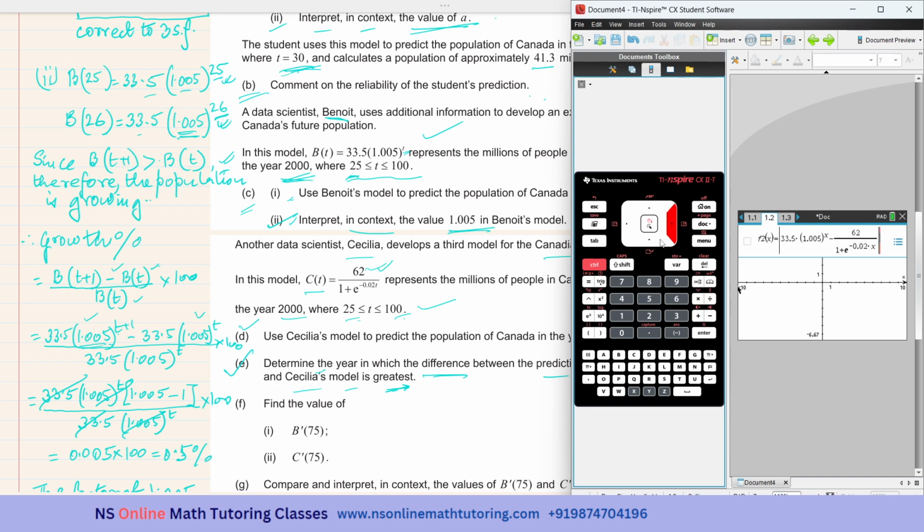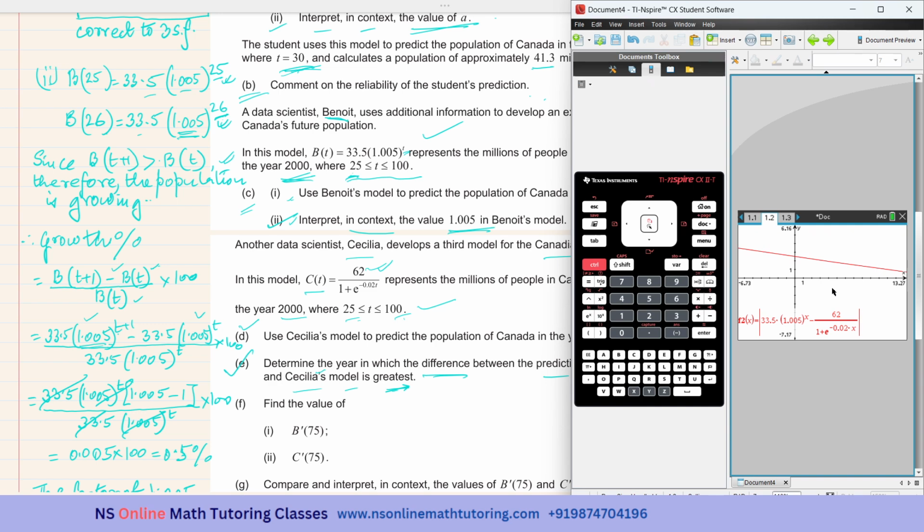Okay, and I close the absolute value notation and let us graph this. It should be between t equal to 25 to 100.